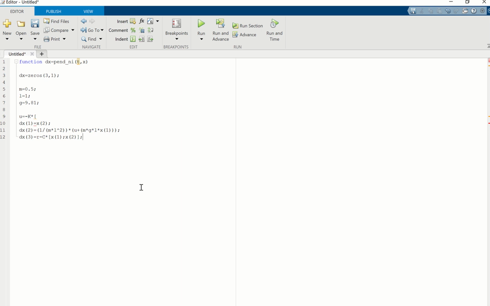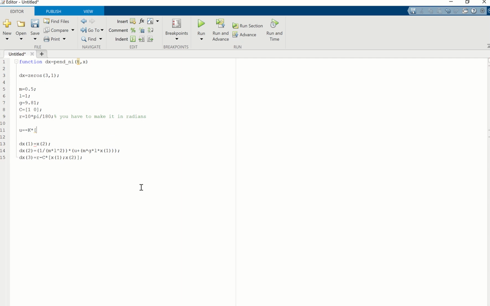You see, obviously you have to find here, your C is 1 and 0, because you want to only measure the angle. And the r is 10 degrees, but you have to make it in radians, guys. This is very important. You have to make it in radians.